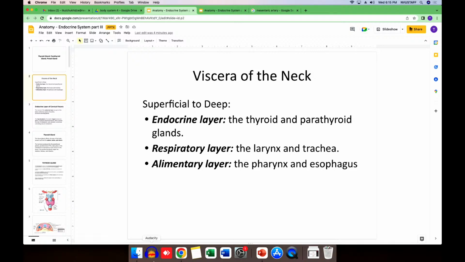We already discussed the alimentary layer, which is our pharynx and esophagus, and the respiratory layer, which is our larynx and trachea. And the endocrine layer is what we're talking about today: our thyroid and parathyroid gland.